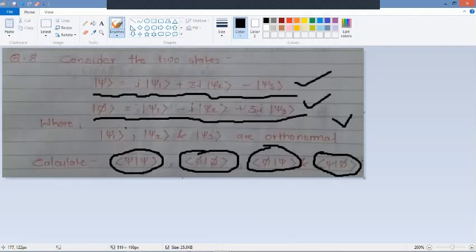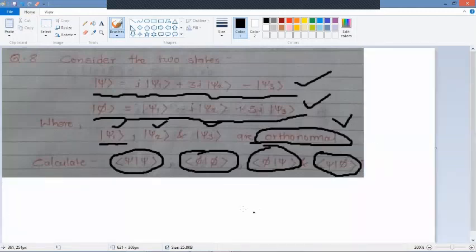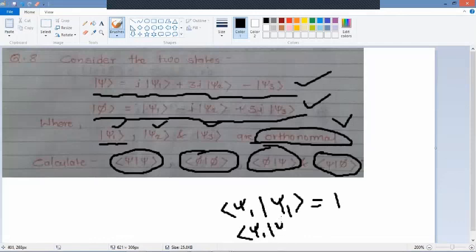In this question, the condition is that all the vectors, which are the basis, are orthonormal. Orthonormal means the inner product of psi 1 and psi 1 is equal to 1, and the inner product of psi 1 and psi 2 becomes 0.